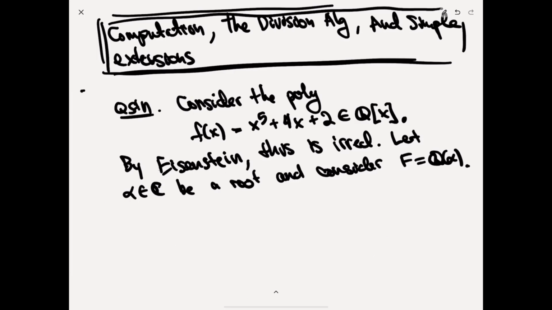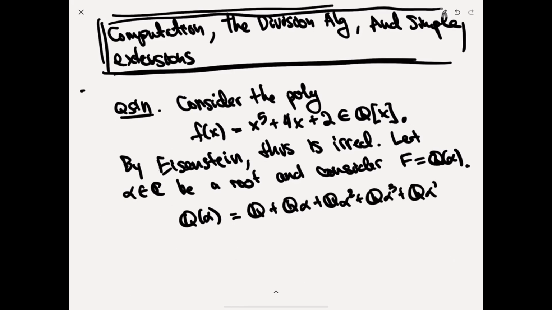So here we know that Q of alpha is really Q plus Q alpha plus Q alpha squared plus Q alpha cubed plus Q alpha to the fourth. So this is an equality as Q vector spaces.